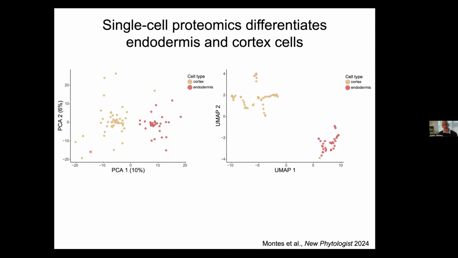And then finally, we wanted to ask, could we actually differentiate the proteomes of these two cell types using different analysis techniques? So here are two dimensional reduction techniques, PCA and UMAP. We performed them on those 81 cells that had robust quantification, and you can see by color coding, the cortical cells and the endodermal cells are separated by both of these methods.